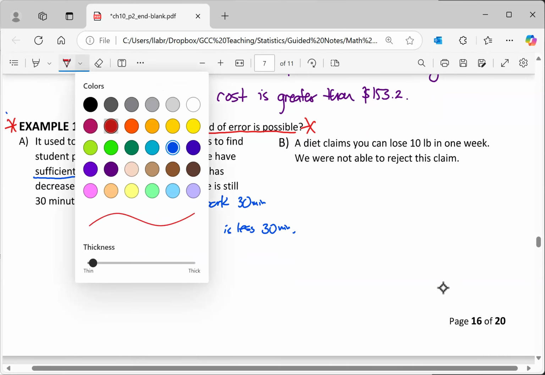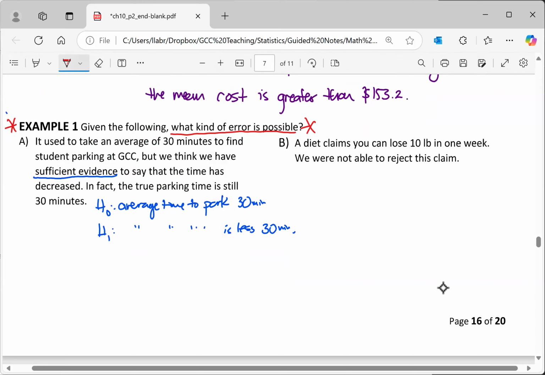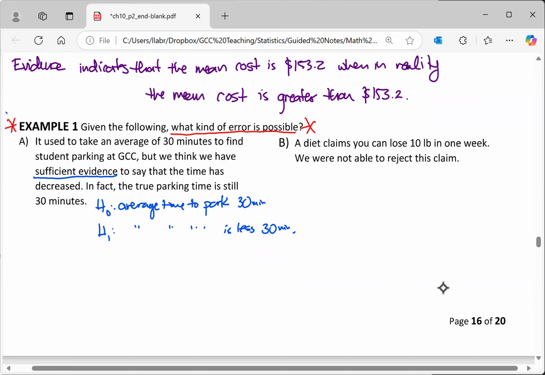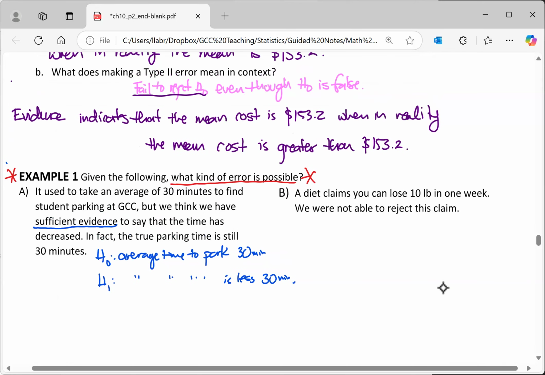All right, so let's see what kind of error is possible. To answer this question, always focus on your conclusion. Do you reject the null or do you fail to reject the null? Notice they say we have sufficient evidence. So that's when we reject the null, because we are supporting the alternative.